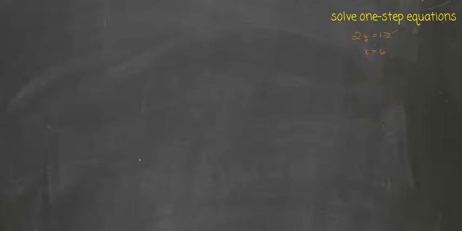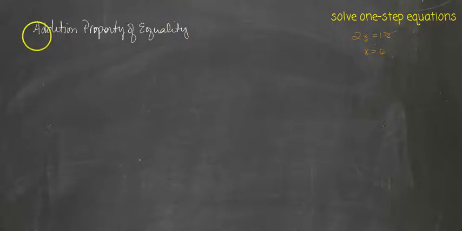And let's use properties that we have already to do some simple forms of the same thing. So let's look at the addition property of equality. Okay, it takes a long time to write, doesn't it? The addition property of equality.